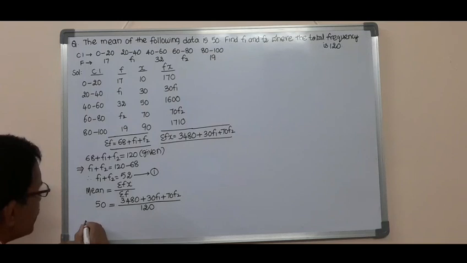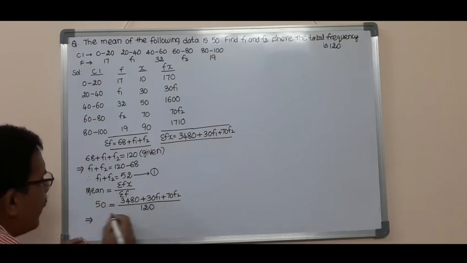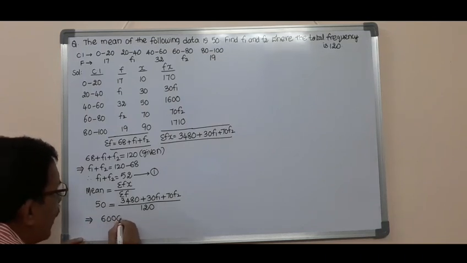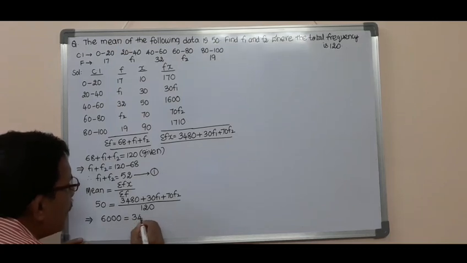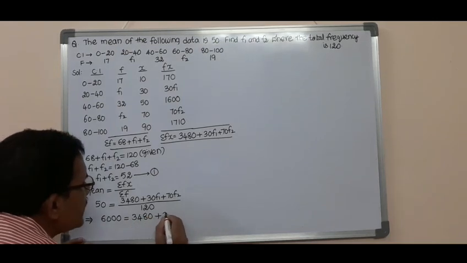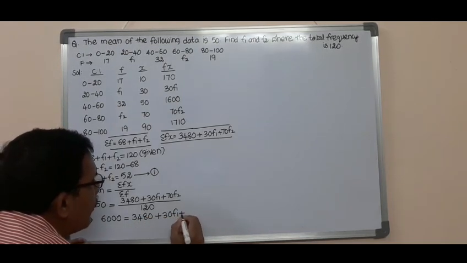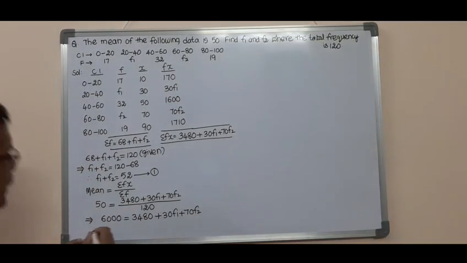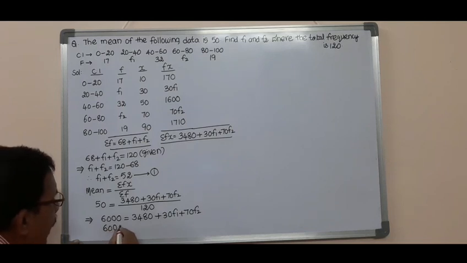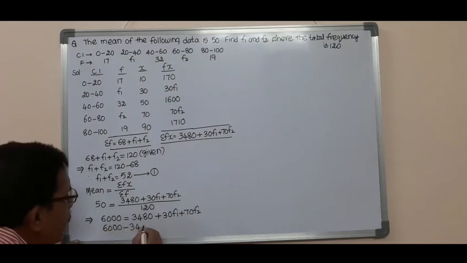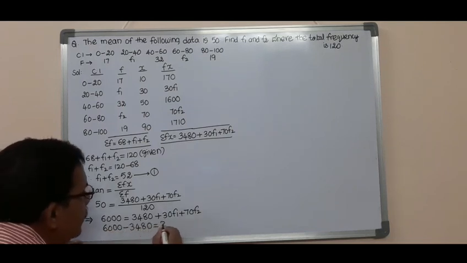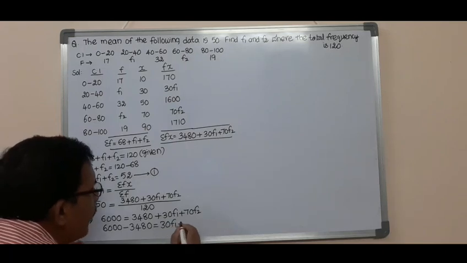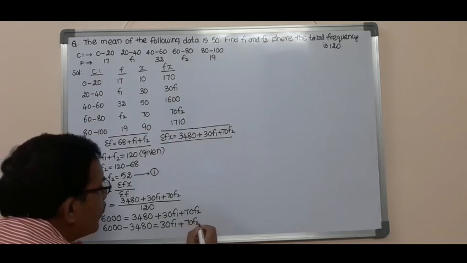Now cross multiplication. 50 into 120, 6000 is equal to 3480 plus 30 f1 plus 70 f2. 6000 minus 3480 is equal to 30 f1 plus 70 f2.